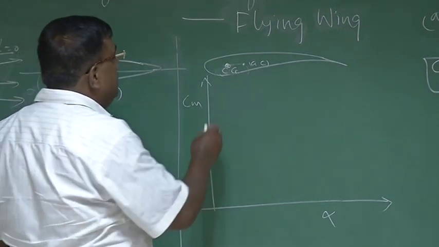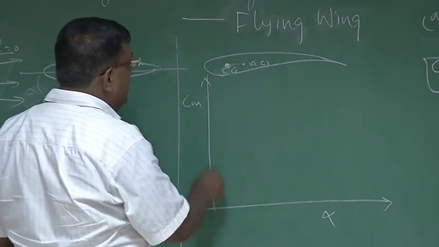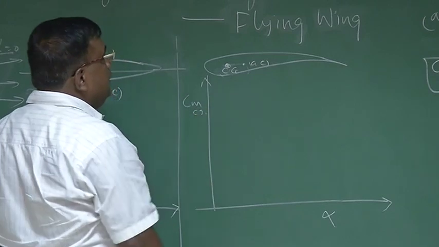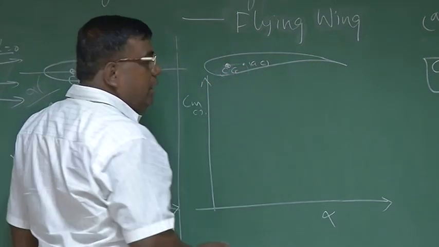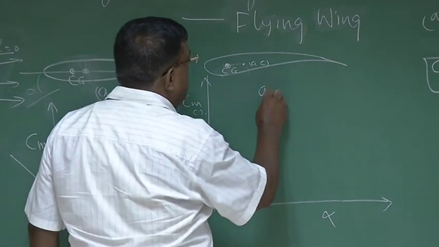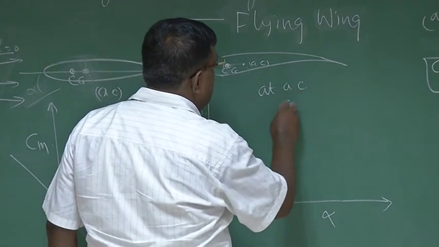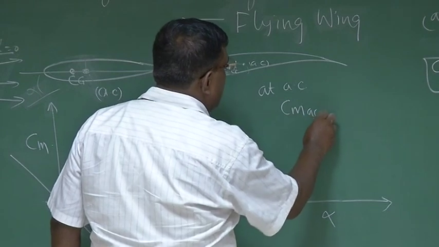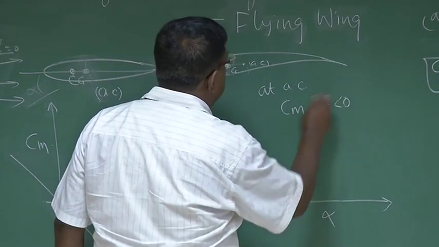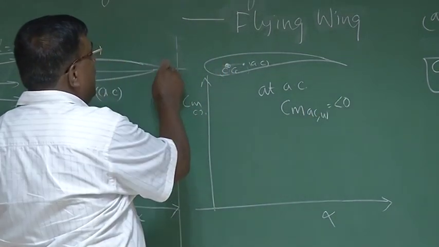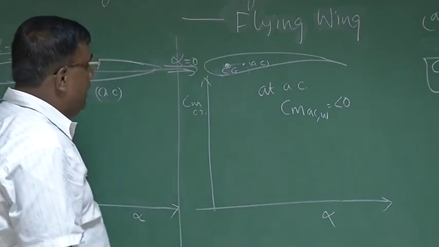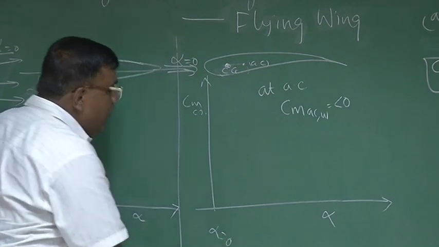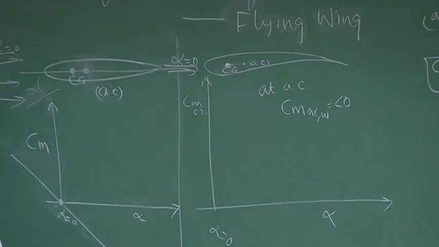But what about at alpha equal to 0, what is the CM? Because at AC, CMAC is already negative, so at AC there is a CM AC wing which is negative. Over and above, we are trying to see what is the behavior at alpha equal to 0, don't forget that. We are trying to find out what will be the CMCG at alpha equal to 0.